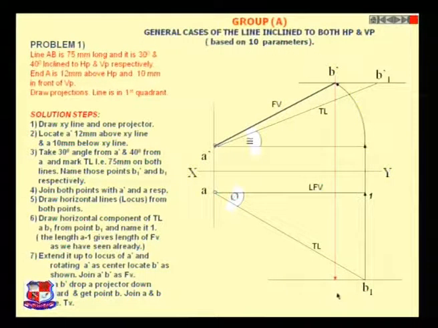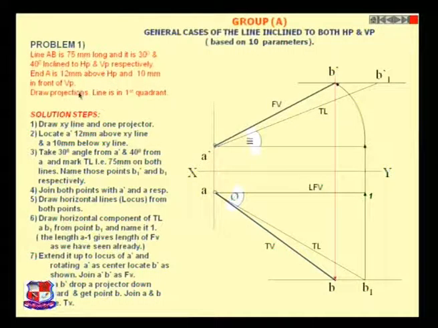Name it as B and join AB. It would be your top view. Or else, just repeat the procedure: from point B1, trace the projection and mark an arc like this, and you can have your top view.